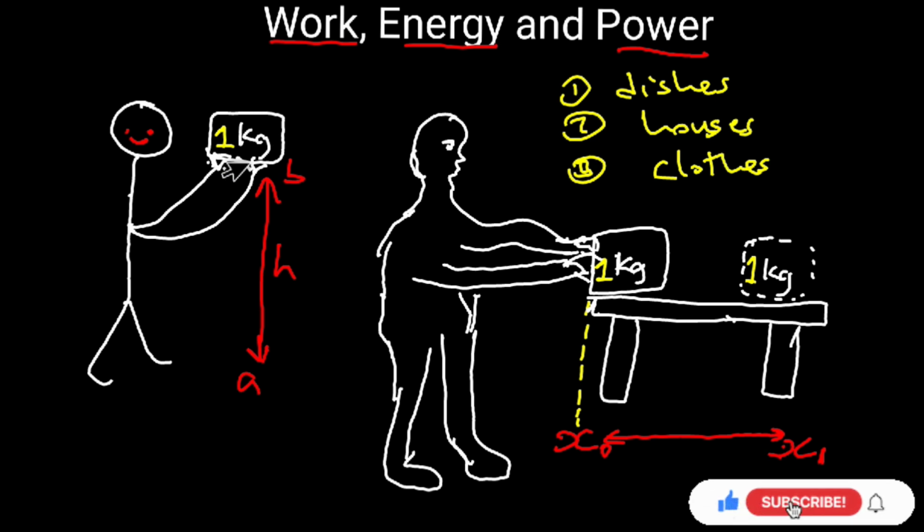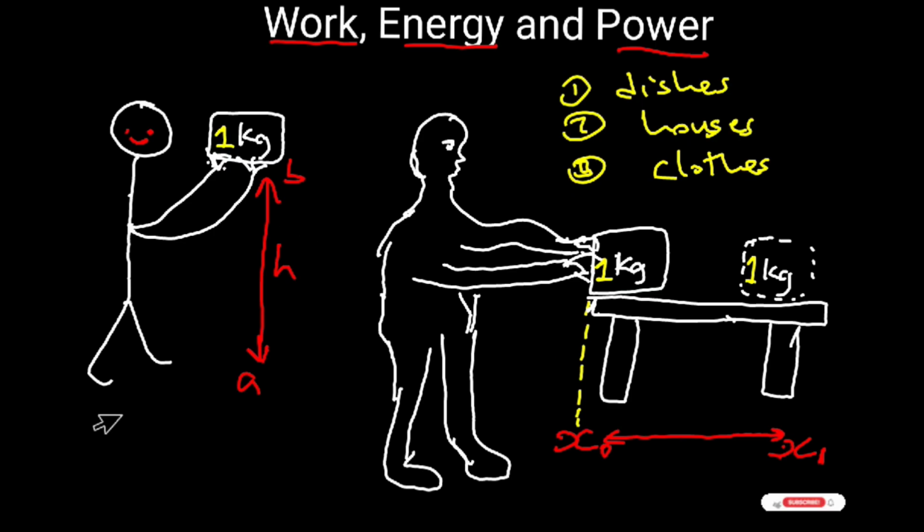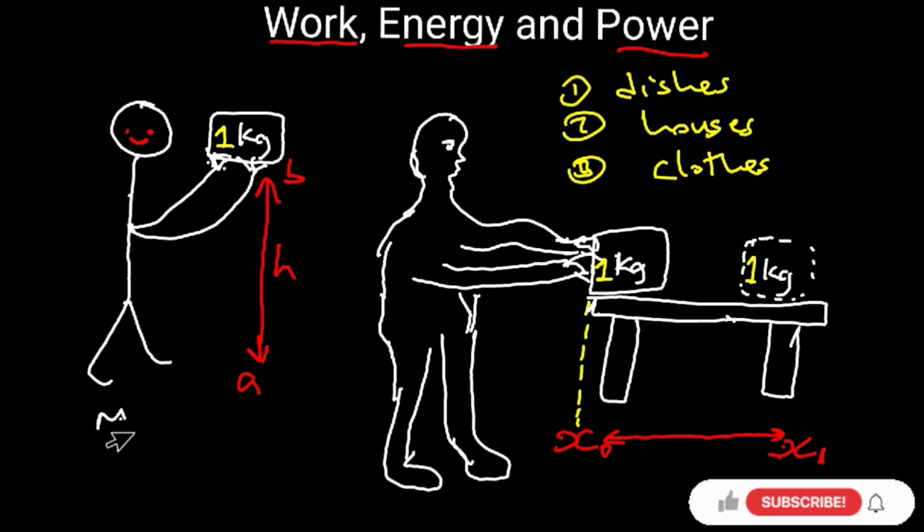Now, what is work done? Work is said to be done each time a force causes a displacement in the direction of the applied force. So let's take this Mr. A for example. This Mr. A lifts this load of 1 kg from the ground up to this height, which is labeled as h.